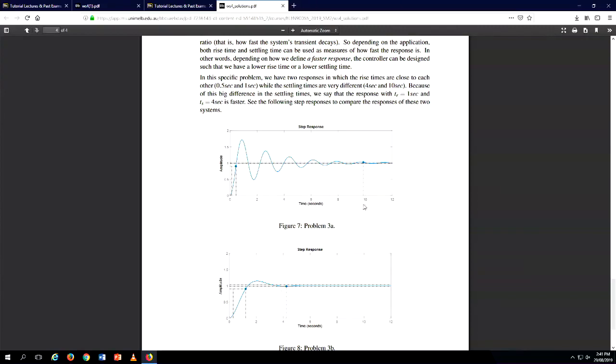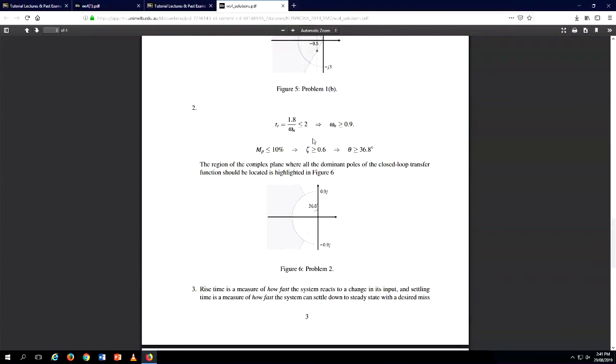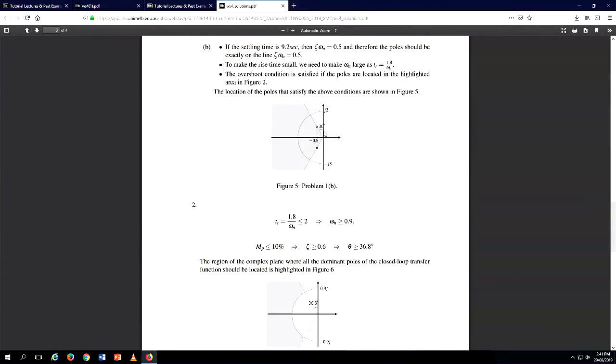And both of these responses correspond to specific selection of poles that we did earlier. So in some sense, you can map where the poles are to what the step response looks like, and then features of step response are captured by the things that we discussed earlier.